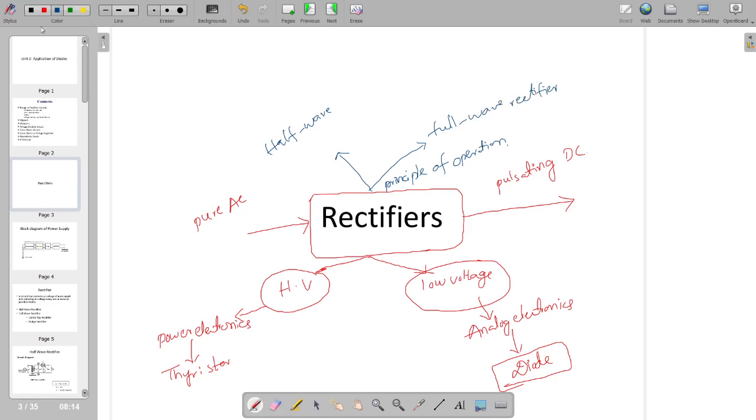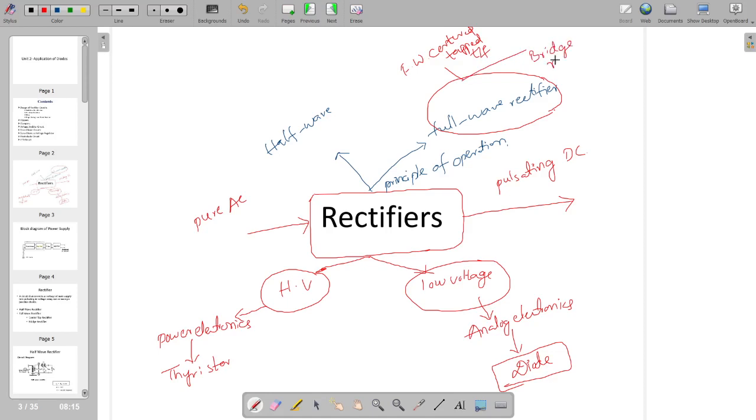In full wave rectifiers, there are two further types classified based upon their construction. They are the full wave rectifier with a center tapped transformer, and the bridge rectifier.